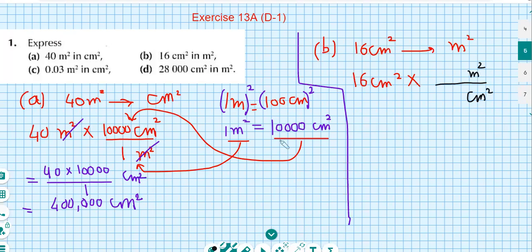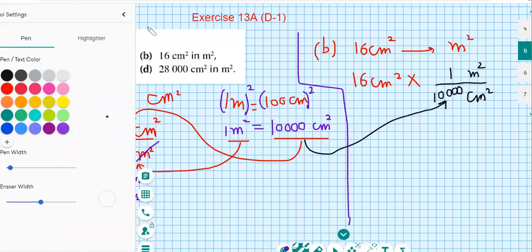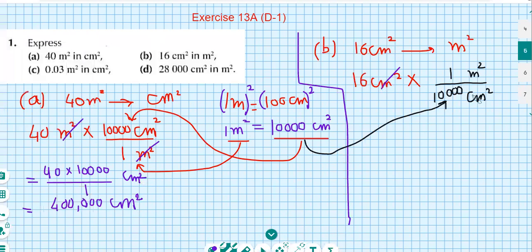So according to this, 10,000 centimeters square is equal to 1 meter square. So I'm writing here 1. Now start cancellation. Centimeter is cancelled. So we are left with only 16 multiplied by 1 over 10,000 and meter square at the top.